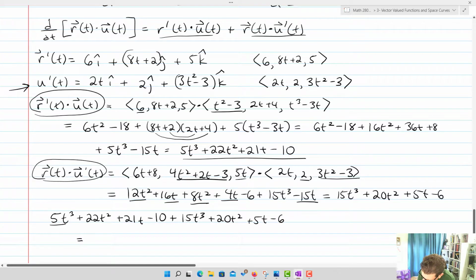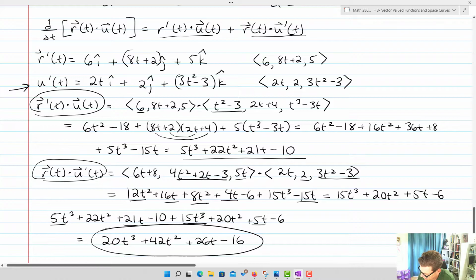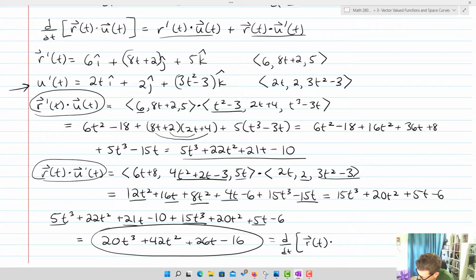Combine my like terms. That's 20t cubed, plus 42t squared, plus 26t minus 16. And that is equal to d/dt of r(t) dotted with u(t).